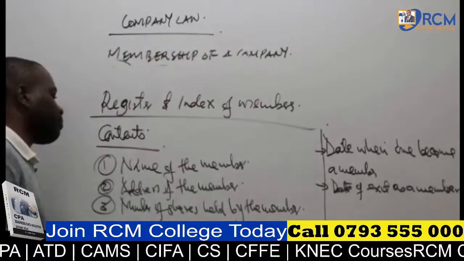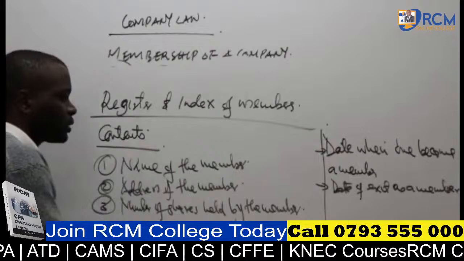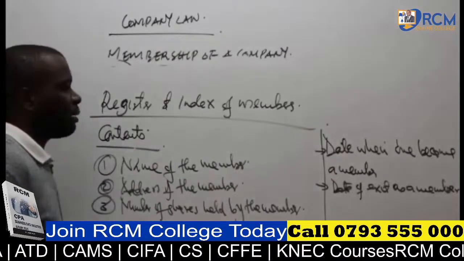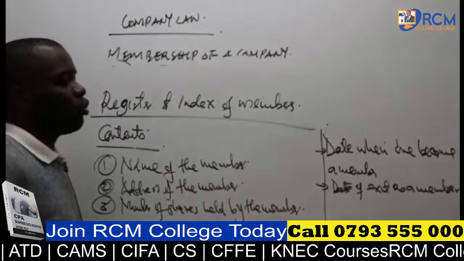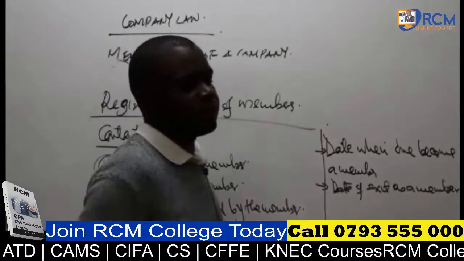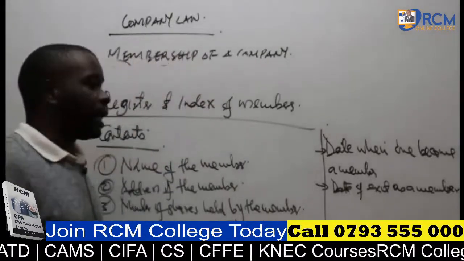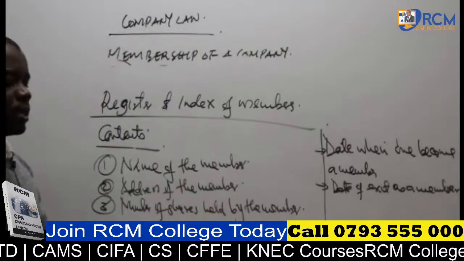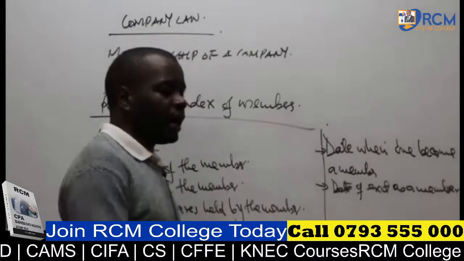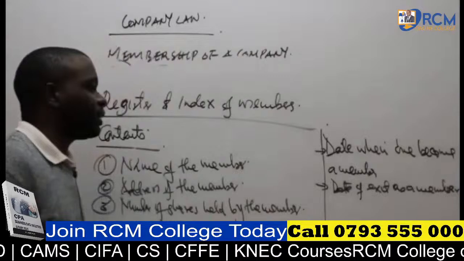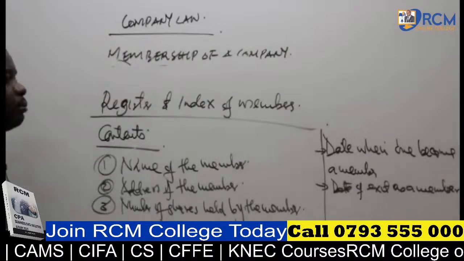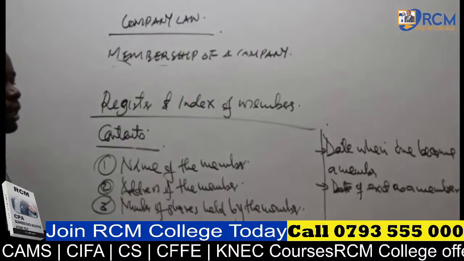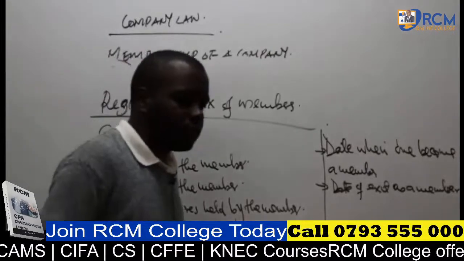You'll be able to realize from the card all these details that we have talked about concerning a member of the company. So if the company has more than 50 members, it will maintain an index of members in card form, each member having a card where his details are maintained, all put together. And of course, the card will have all the contents we are talking about for the register of members.